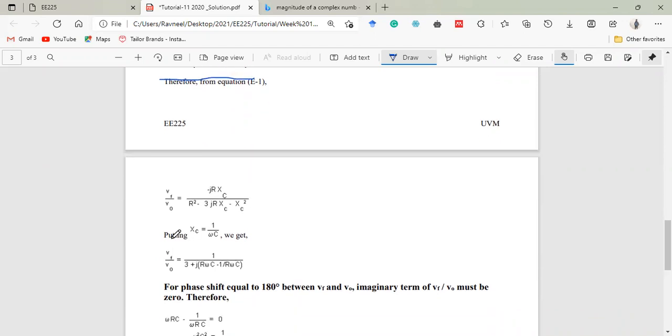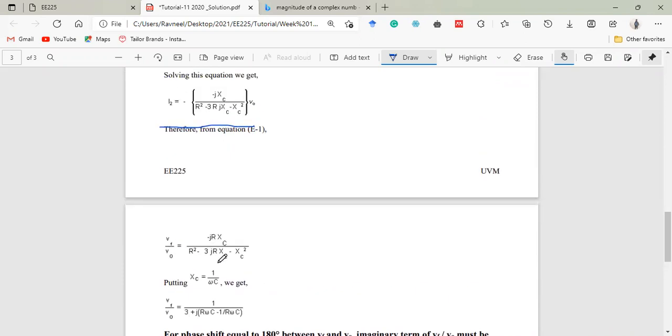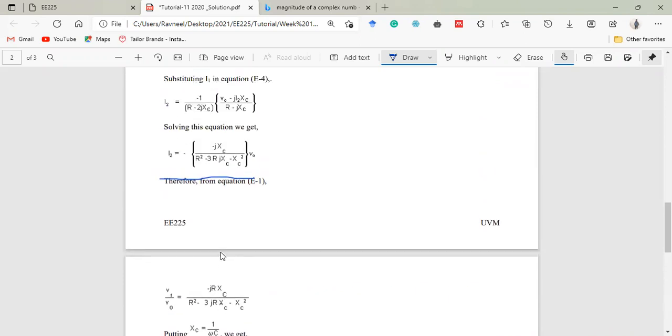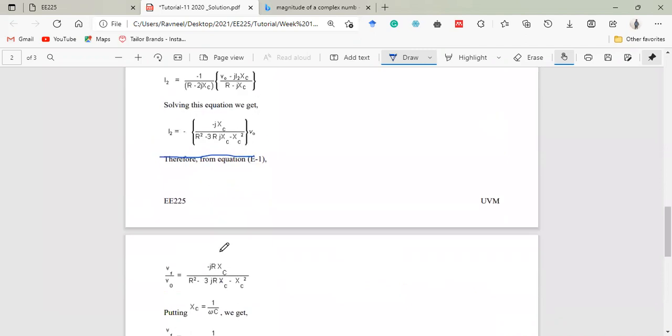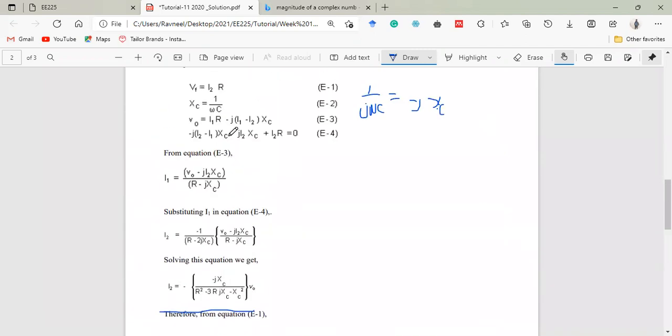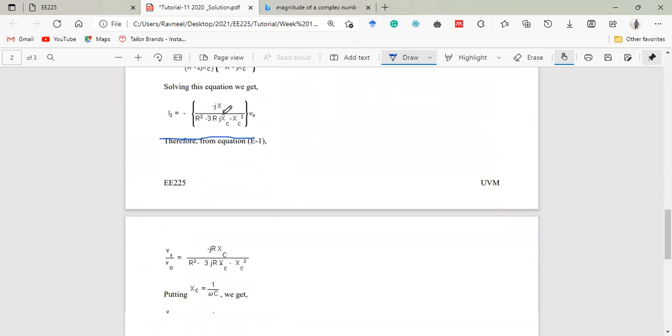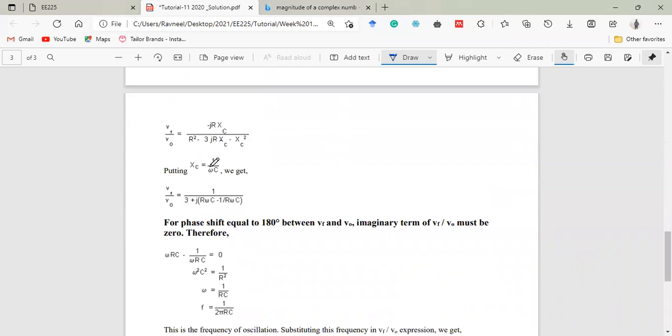Now remember this Xc is equivalent to 1 upon omega C. So in place of Xc, we can substitute 1 upon omega C into this same formula, and we can further simplify it. If we further simplify it, we get VF upon V out equivalent to 1 upon 3 plus j into R omega C minus 1 upon R omega C, right?